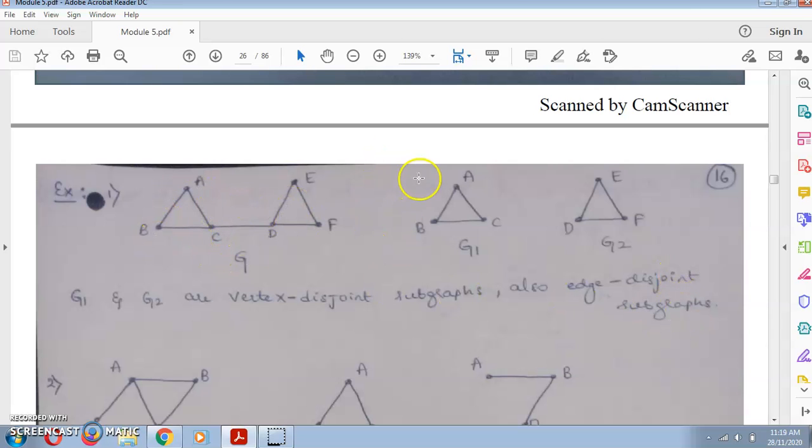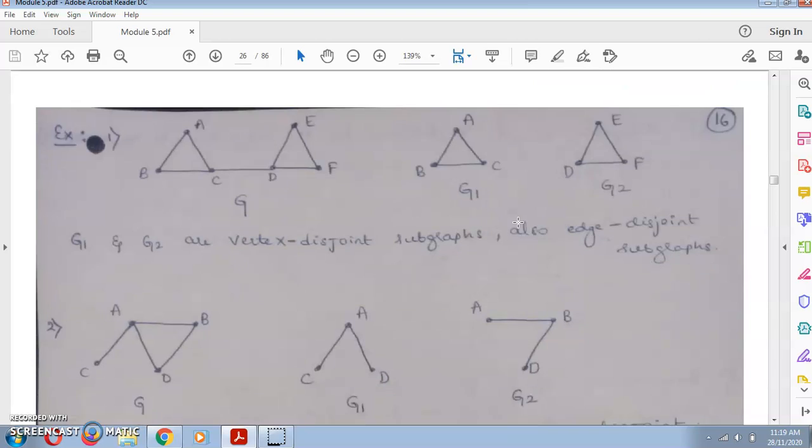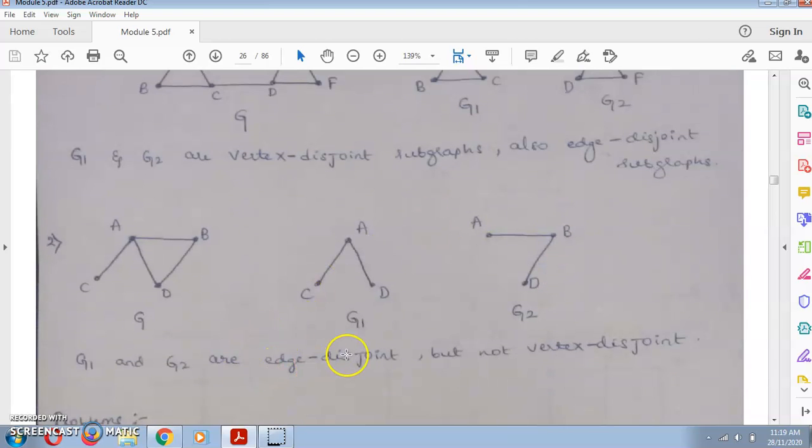A to B, A to C, and A to E, E to F, these are the subgraphs G1 and G2, and this is vertex disjoint. The number of vertices in G and the vertices in the subgraphs are the same in number, and here they are edge disjoint. So this is graph G1, G2.